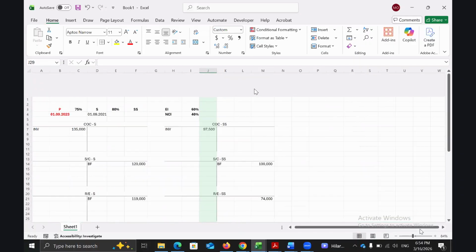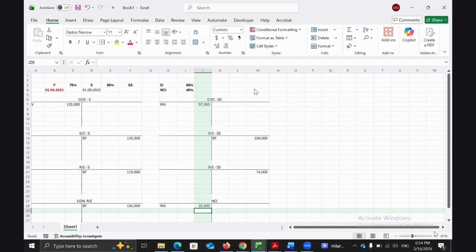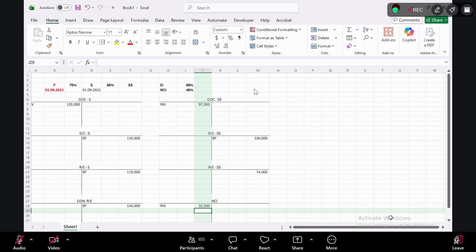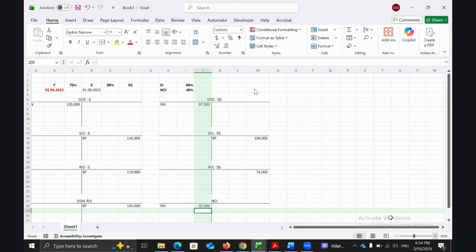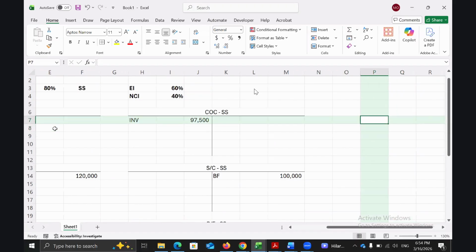Okay. Then we need to take the proportionate and the retained balance.